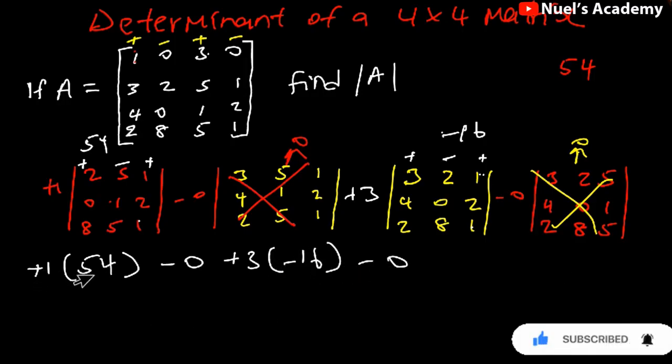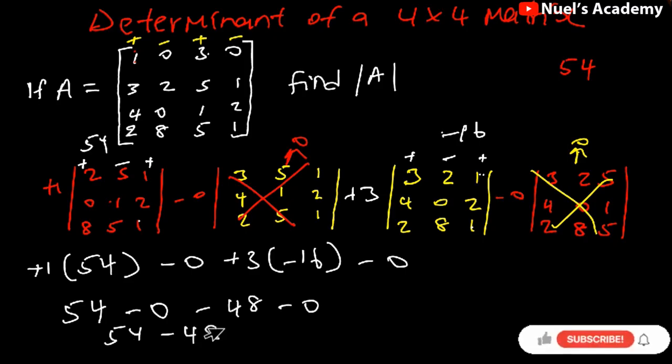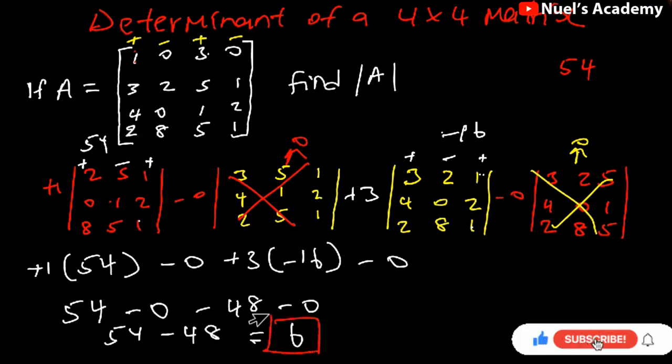So 1 times 54 is equal to 54, then minus 0, then plus 3 times negative 16 is negative 48, then minus 0. So 54 minus 0 is equal to 54, then minus 48 minus 0 is minus 48. So 54 minus 48 is equal to 6. So the answer to this question is equal to 6.